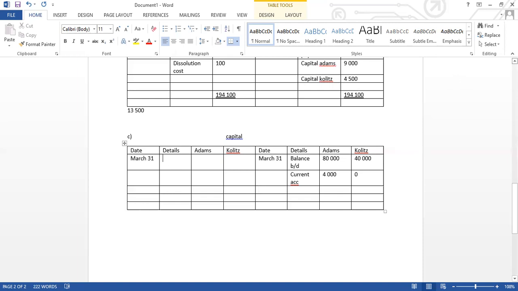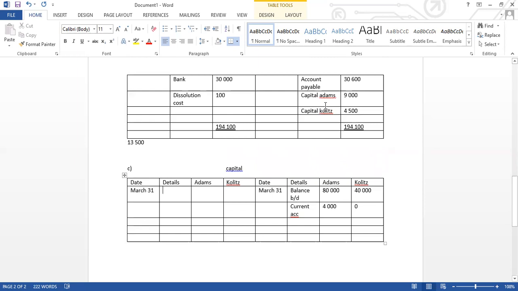In the realization account, the capitals were on the credit side. So we go to the capital account on the balance. We have realization, or loss on realization.